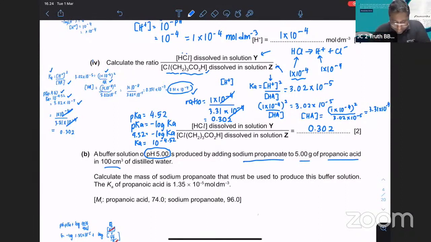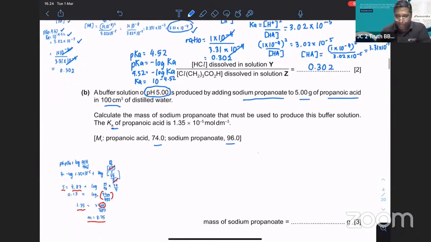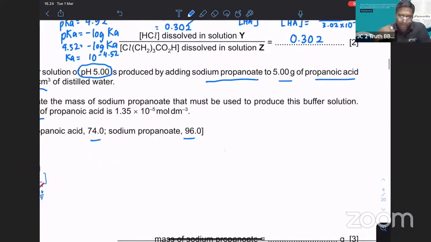And you are going to calculate the mass of sodium propanoate that must be used to achieve this pH. Ka is given, so all the other things are given, but how to start? I think this one is related to the pH of a buffer. You need to know the formula, so you just need to memorize it. No need to worry so much. But if you don't want to memorize, you can also derive it.